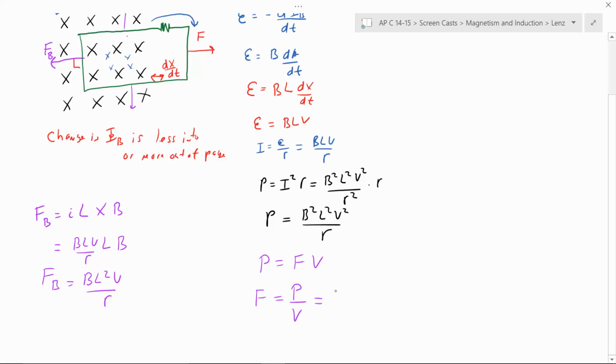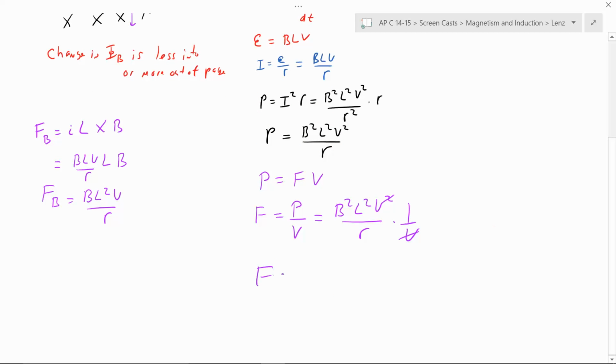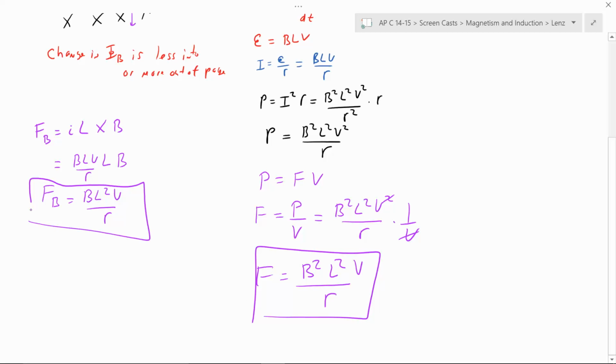We just figured out that the power was B squared L squared V squared over R, and then we're going to divide that by V. One of the V's cancels out, and lo and behold, you get exactly the same magnitude force: B squared L squared V over R. Look, these are the same thing. That's kind of exciting.